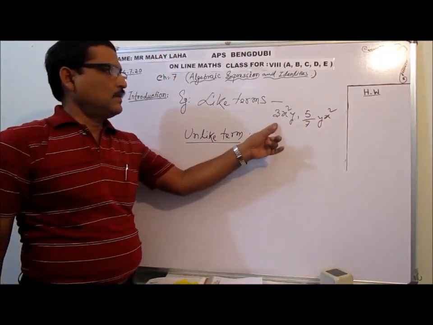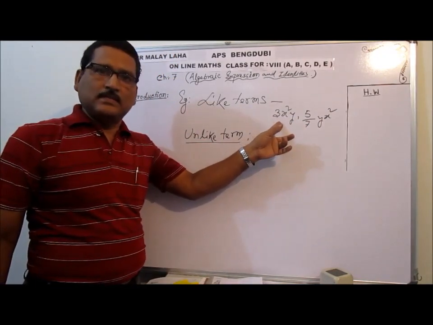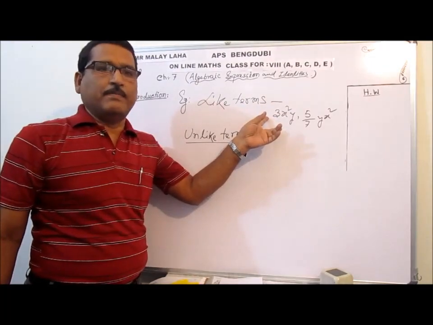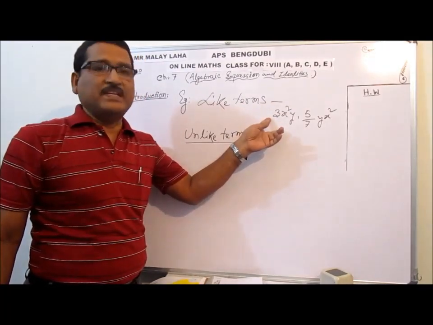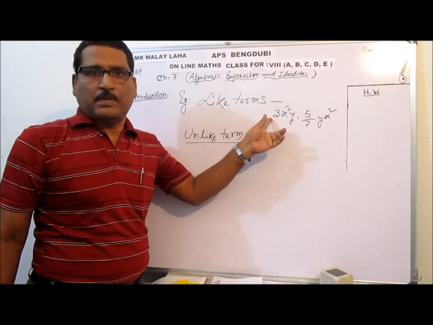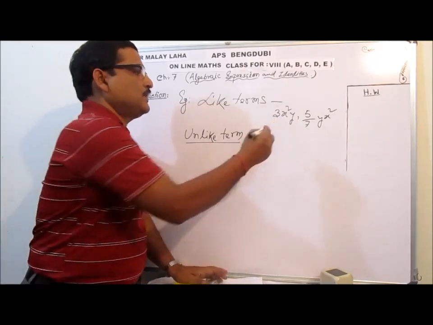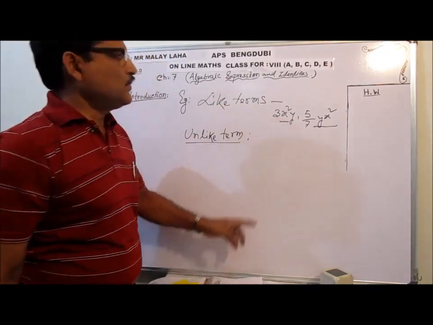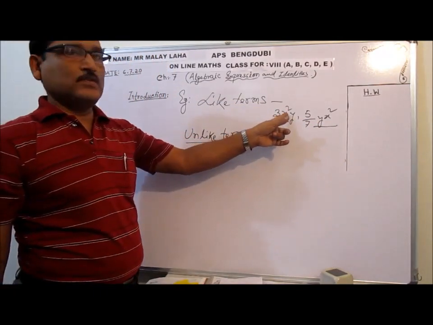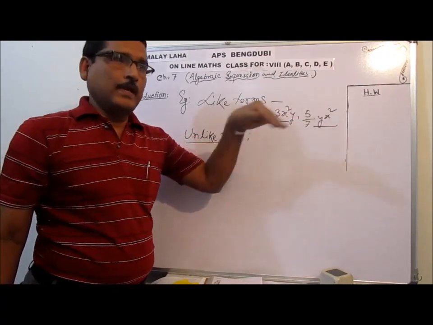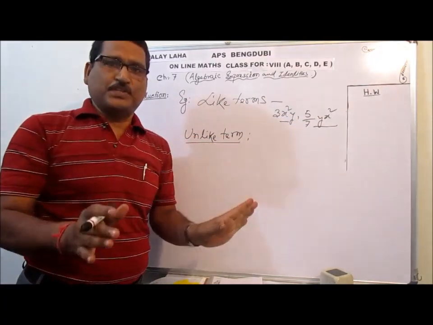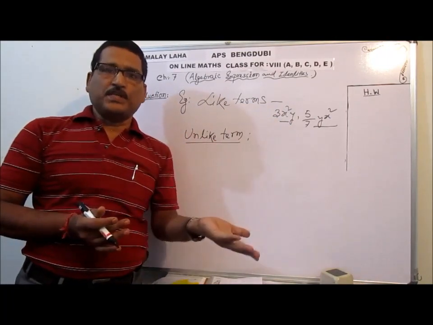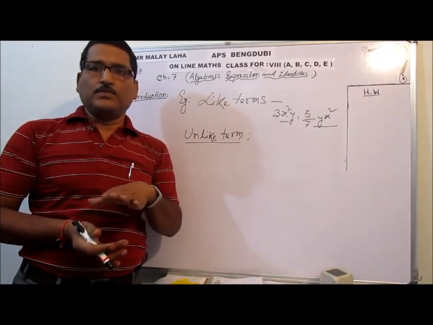You see, the numerical factor does not matter. Whatever it may be, a decimal number, a fractional rational number, an integer, a natural number or a whole number, you only have to see the literal factors and the power. Here you see the literal factors are xy, here also xy. x and y may change position, like in arithmetic 2 into 3 is 6, and 3 into 2 is also 6.